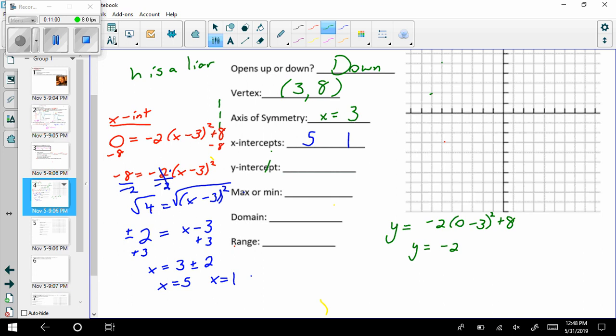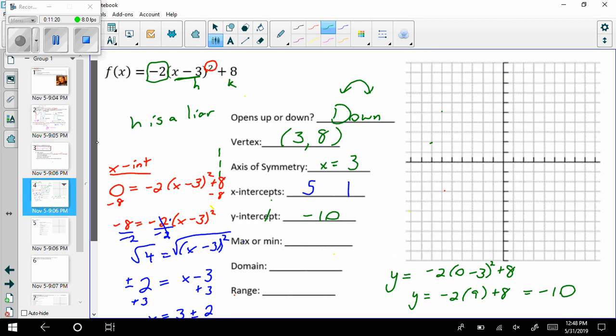Negative 3 squared is positive 9. Negative 2 times 9 is negative 18, plus 8. I get a y-intercept of negative 10. Okay, and we'll talk about those final three things here once we have the graph.